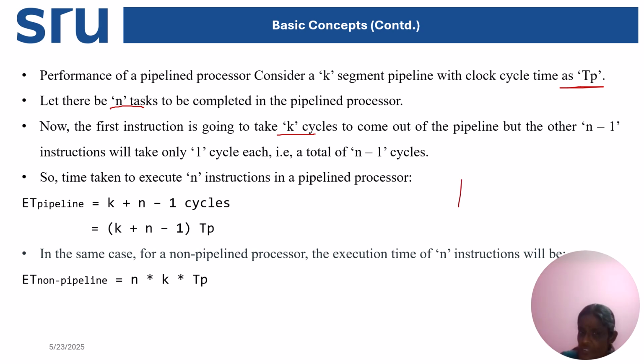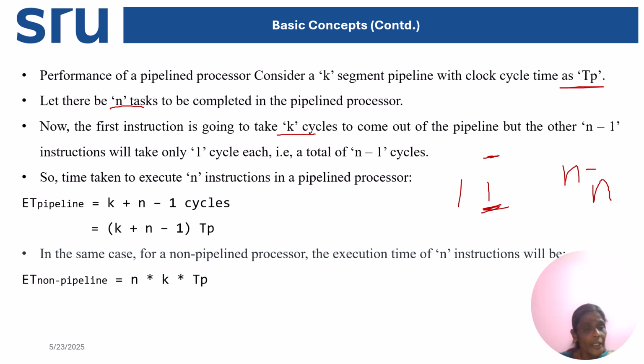Once the first instruction comes to the second stage, the second instruction comes to the first stage. So if the first ends in K clock cycles, the second instruction will automatically end in K plus 1. One more clock cycle it needs, so a total of n minus 1 additional clock cycles.